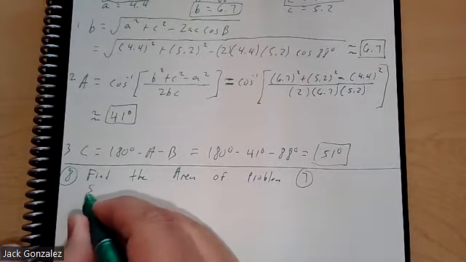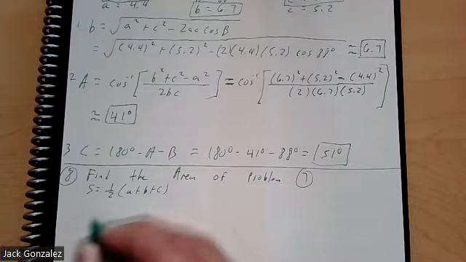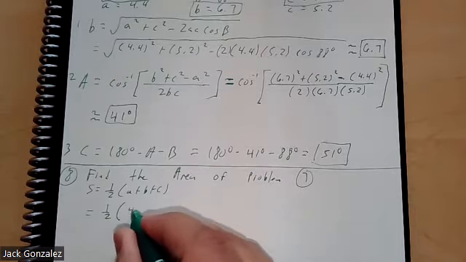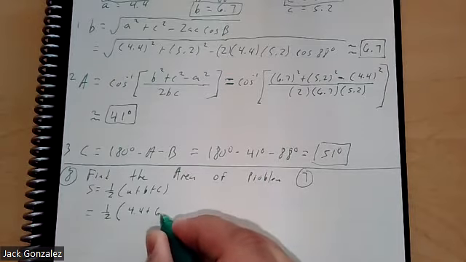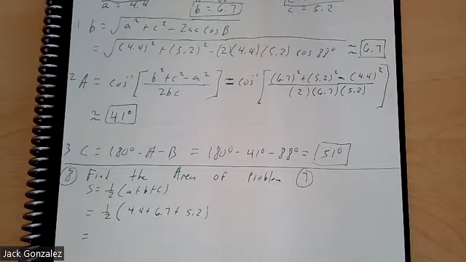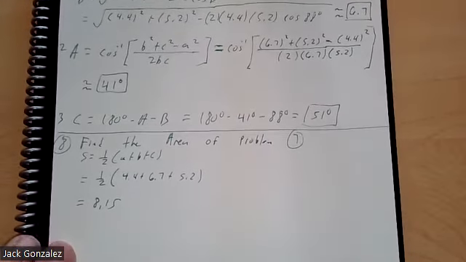Find your S first, so S is equal to 1/2 the sum of the sides. So that'll equal 1/2 times 4.4 plus 6.7 plus 5.2. Should be 8.15, right?